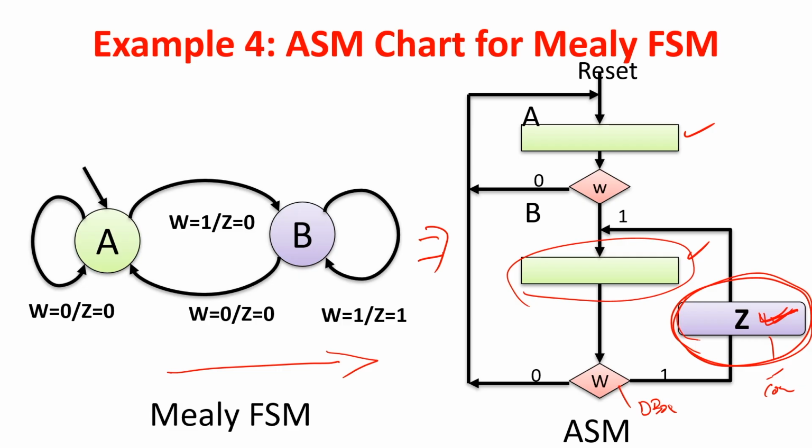So, in this case clearly the arc of Mealy machines is modeled as a combination of decision box and conditional box. The decision box is used for regular flow charts. With these combinations it becomes very powerful.